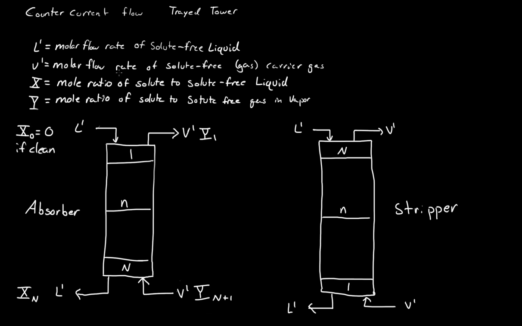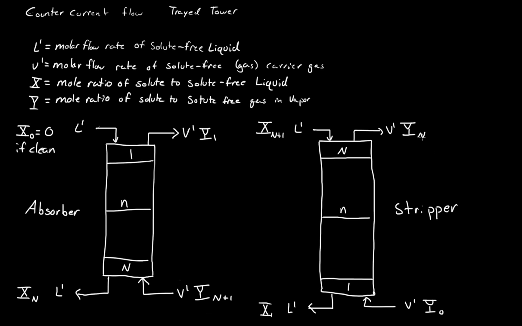Again, that's the mole of the solute-free gas carrier and the solute-free liquid. Now, it's no longer just X naught up here, it's Xn plus 1, and it comes out as X1. We're just changing it up just a little bit so the math becomes a bit easier. And this is now, of course, Y naught and Yn.